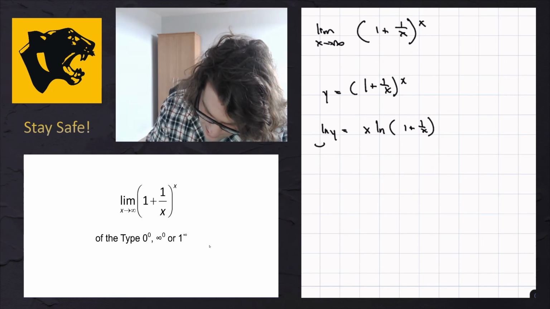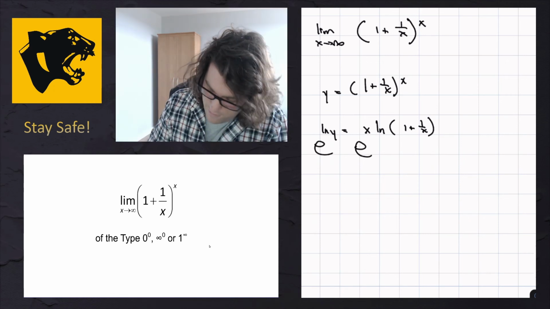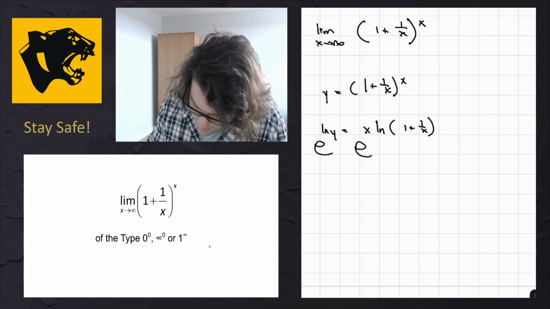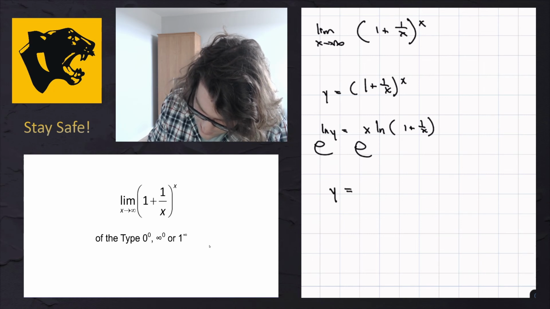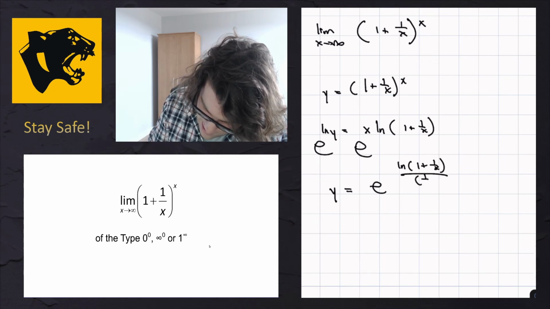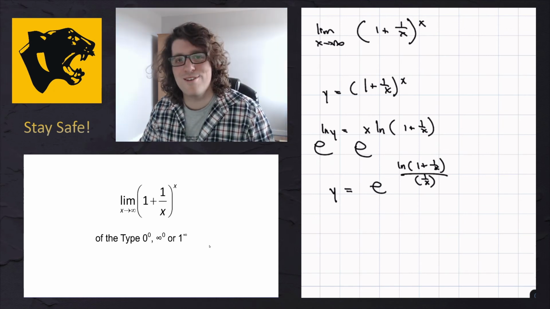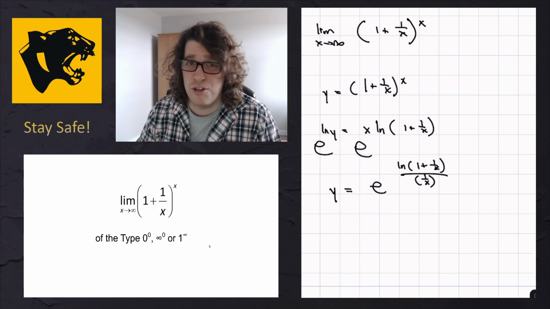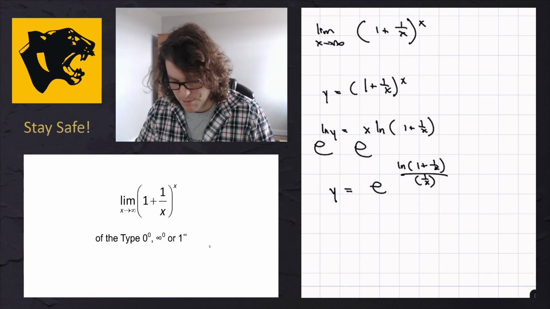I'm going to take e to the power of that and then e to the power of that. What that ends up doing is giving us y is equal to e to the power of, and I'm going to write that in a really weird way. I am going to take that x out front and write it instead as a 1 over x in the denominator, because that's going to look like L'Hopital's rule. It's going to be something over something.